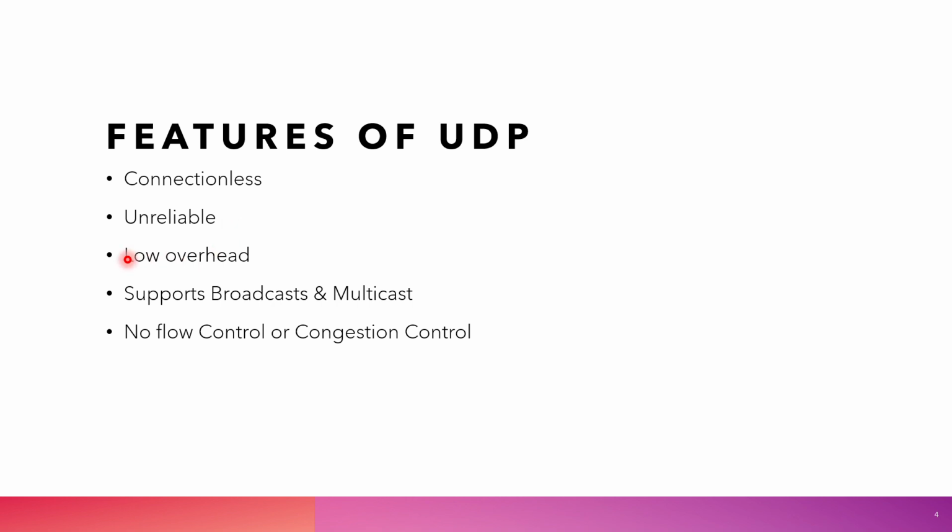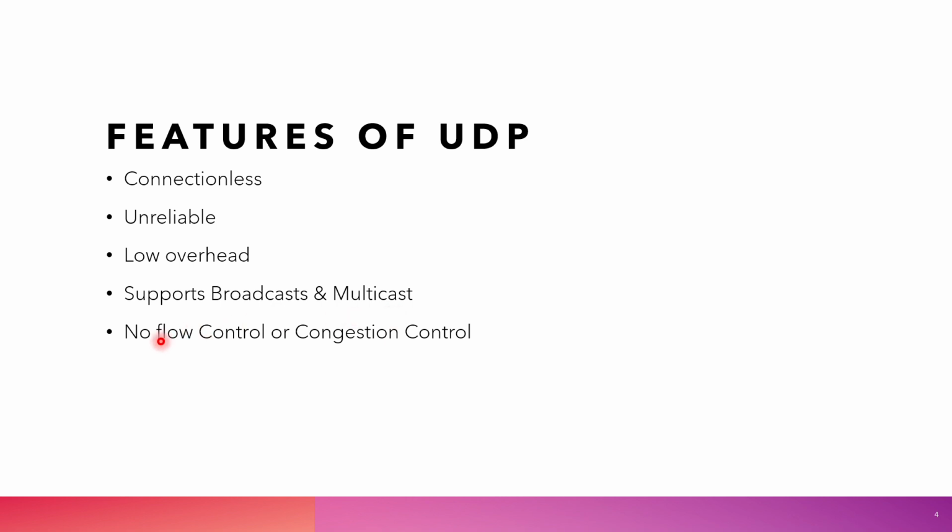The next feature of UDP is low overhead. It means that the small size of the UDP header allows faster transmission and usage of lower bandwidth. It supports broadcast and multicast, hence it is useful for applications like DHCP and live streaming.